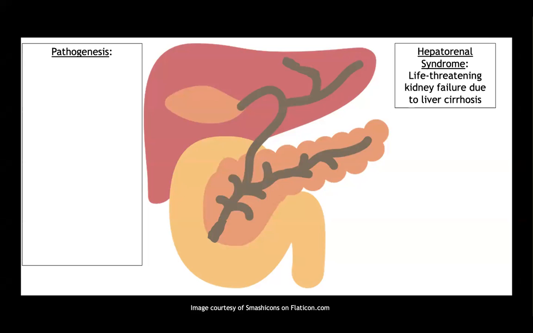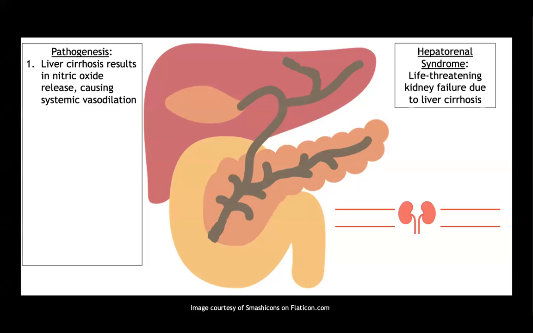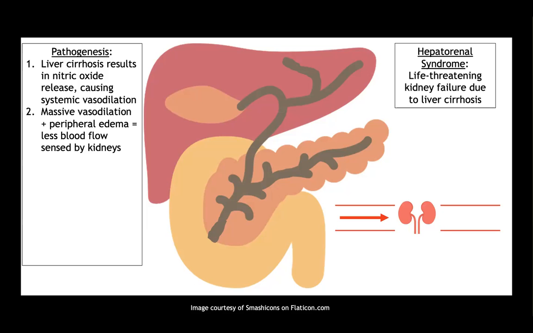So what's happening here? This is kind of my Cliff Notes version of it. Basically, when you have liver cirrhosis, you can't metabolize nitric oxide, and your liver also produces some nitric oxide. So you get way higher levels of nitric oxide in people with liver cirrhosis, and nitric oxide causes vasodilation. So your blood vessels get very dilated. And the problem with that is that if your blood vessels get very dilated, it actually pools blood in other regions of the body, and your kidneys will sense less blood flow to the kidneys.